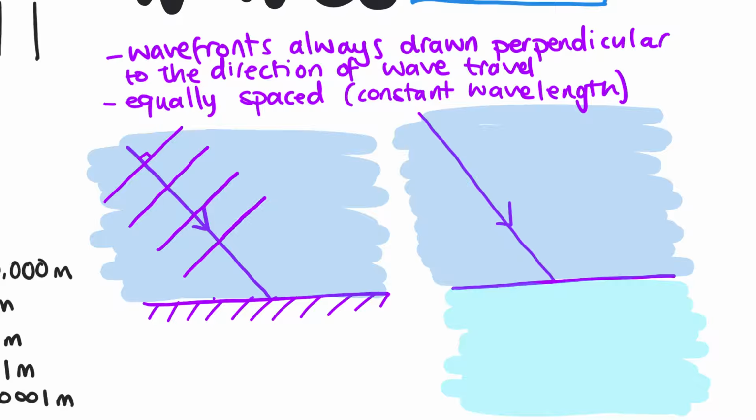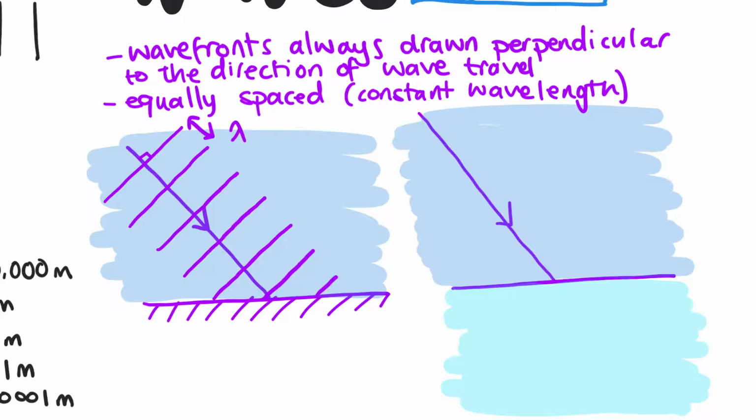Now we said earlier that the wavelength is the distance between one crest and the next. And since these wavefronts are representing the crests, that means the distance between each wavefront is equal to the wavelength. Once that wave hits the boundary, it's going to reflect, and it will obey the law of reflection in that the angle of incidence will equal the angle of reflection.